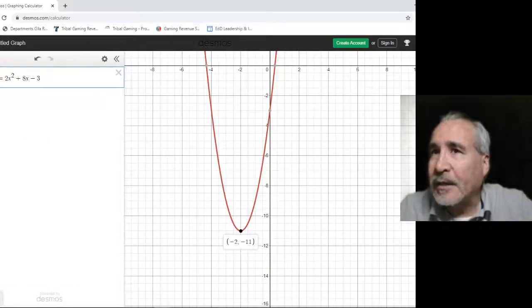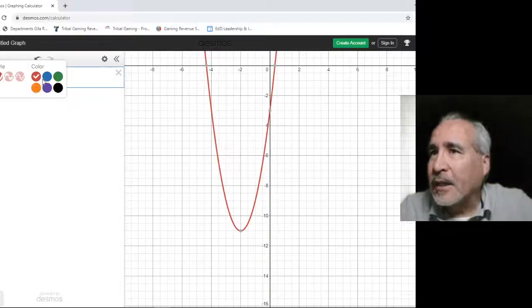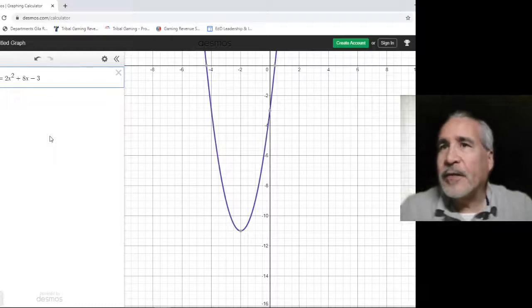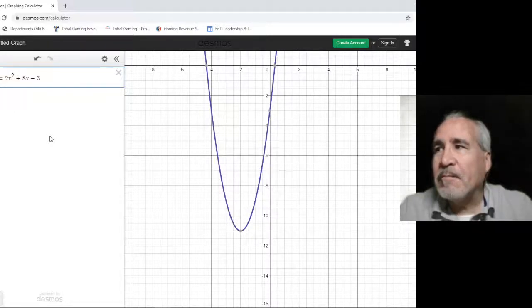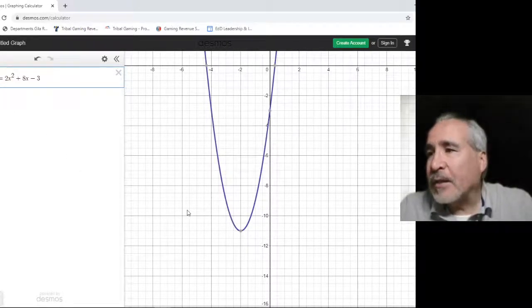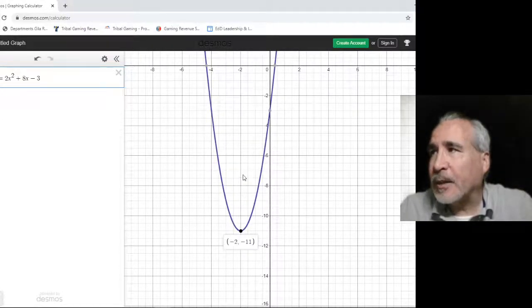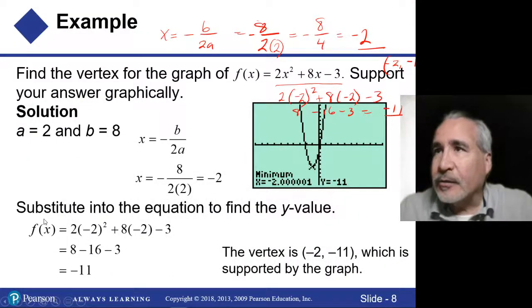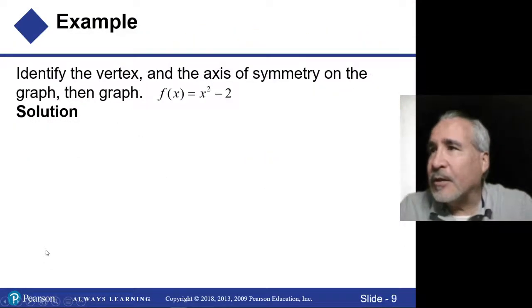Red, could make the color anything you want. That's what I like about these. You can see, yeah, hold on it. Want to make it blue, you can make it blue. How about purple? Make a royal purple. So Desmos has a lot of features, makes in my book, makes learning more interesting, more fun, and more understandable, especially with all these different colors we can use. Okay, so that's pretty much what this unit's about.